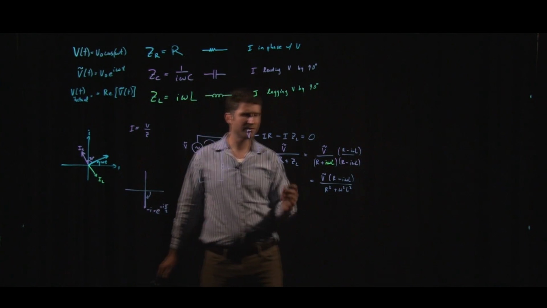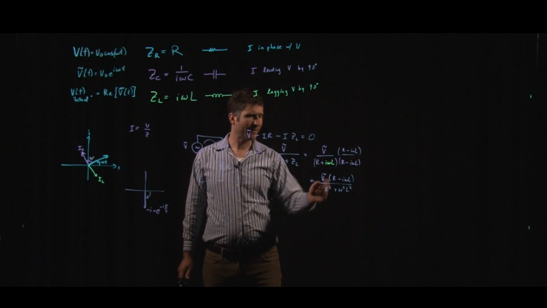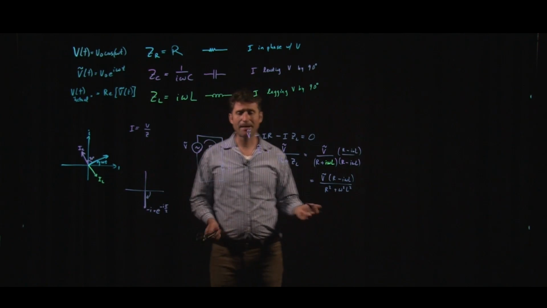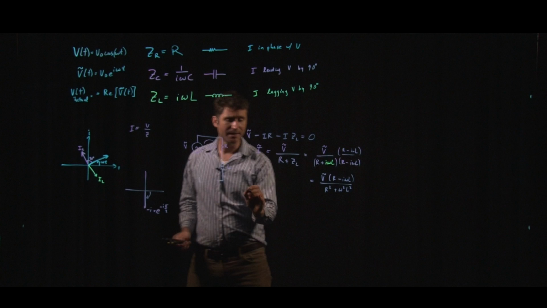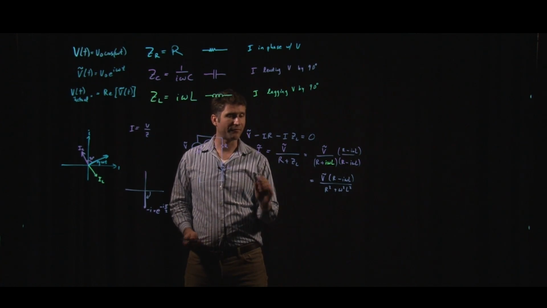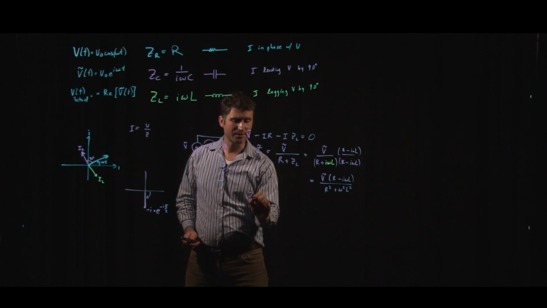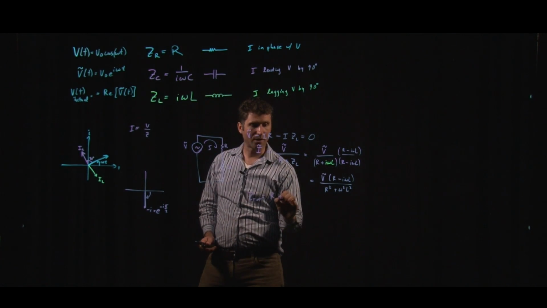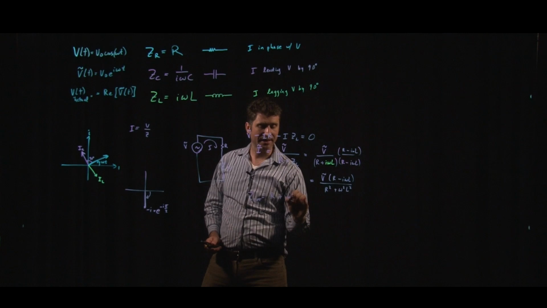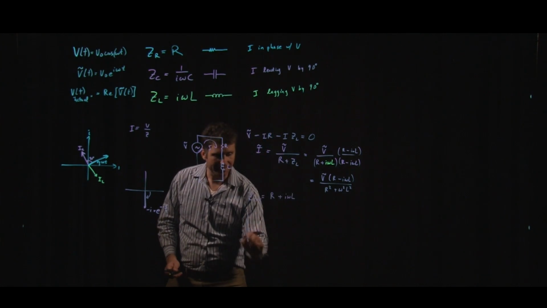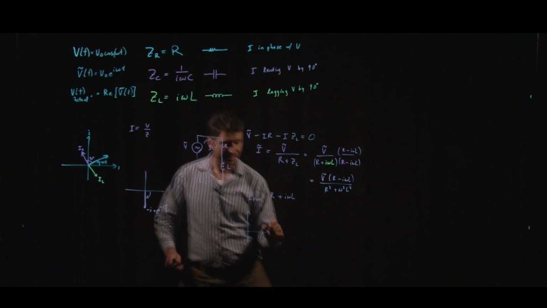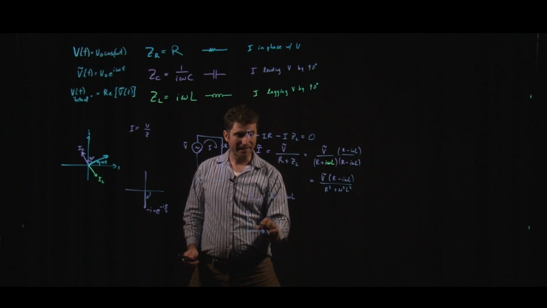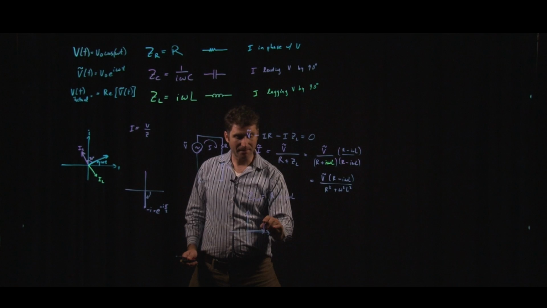So another way of going about this: this is correct, and if we take the real part of this, then we'll get the current. But perhaps a more intuitive way of dealing with this is to think about what your effective Z is. So Z total here is simply equal to R plus i omega L. If I write that in the complex plane, I have a Z which has an R going this way and an i omega L which is going up like this.